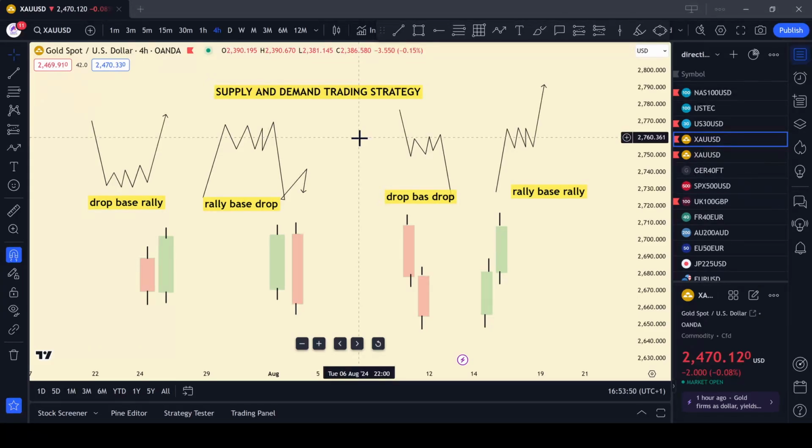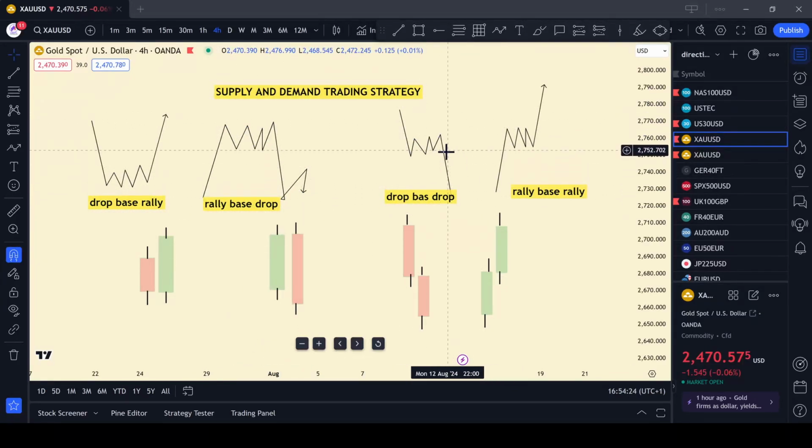The conventional supply and demand will show you things like this. We have this first scenario that says drop base rally, meaning price came down, consolidate, and then push high. Then the next one says rally base drop, meaning price moves up, consolidates, and then drops.